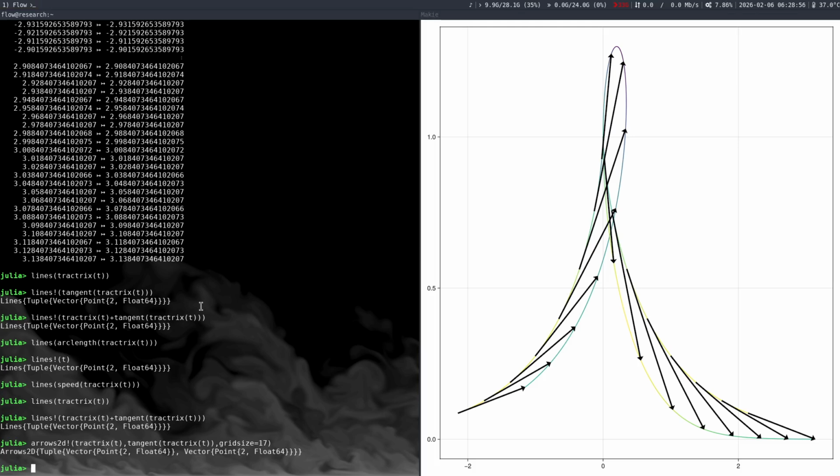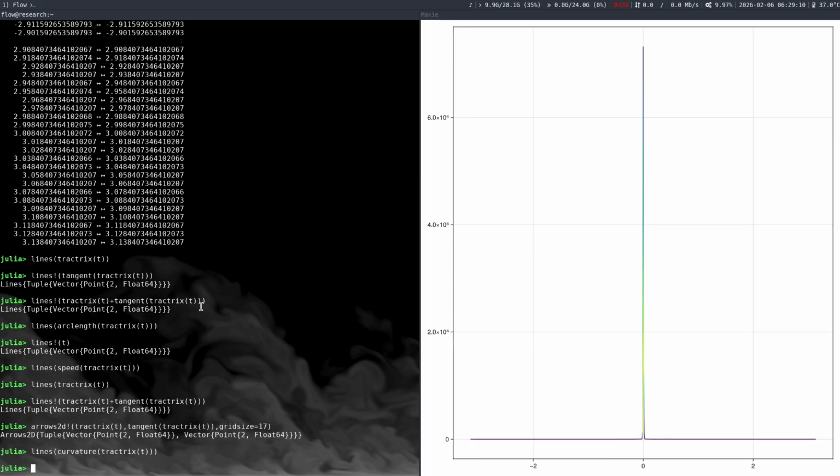And let's look at the curvature. So if we look at the curvature, it has a singularity there.